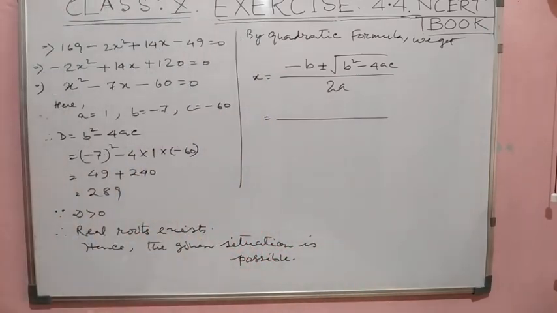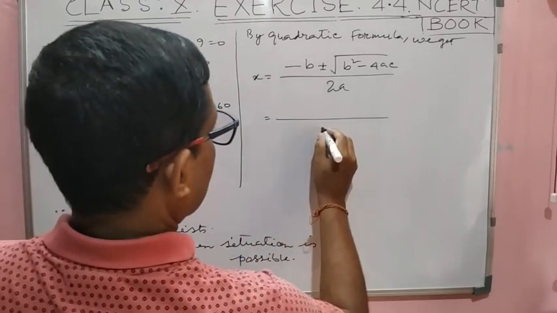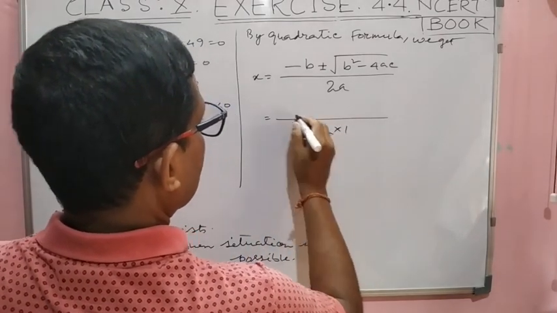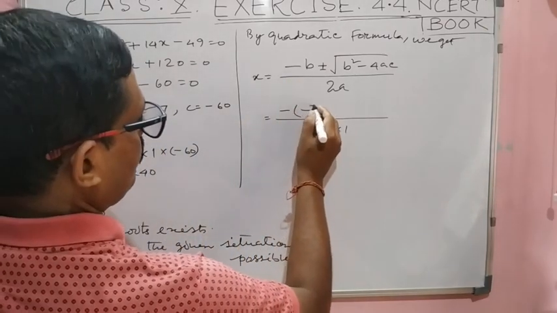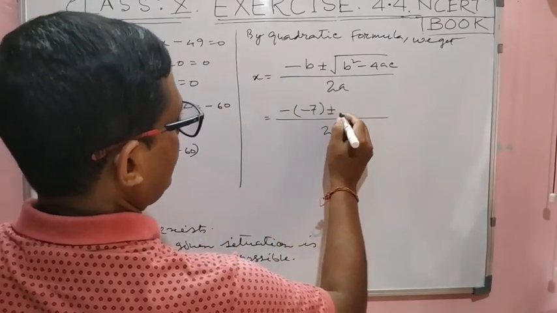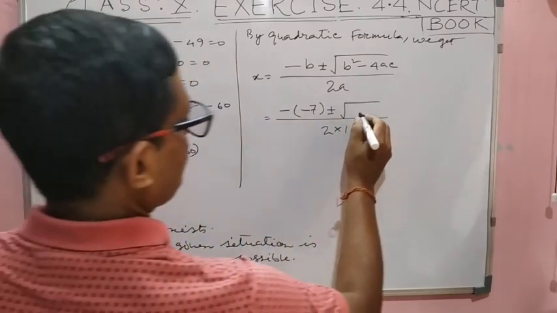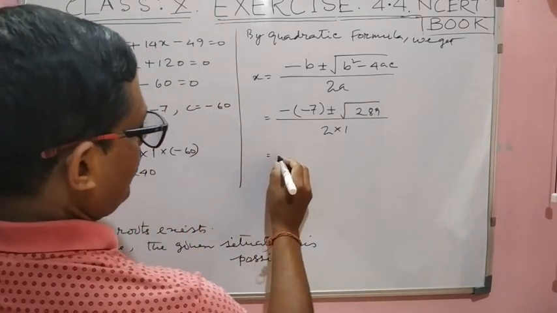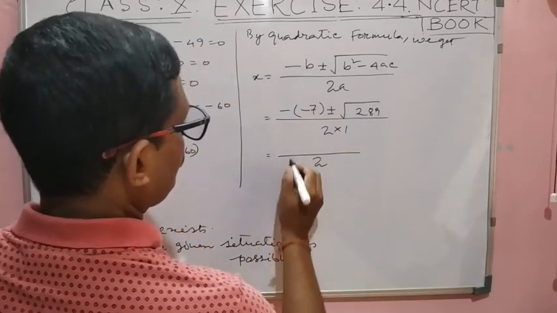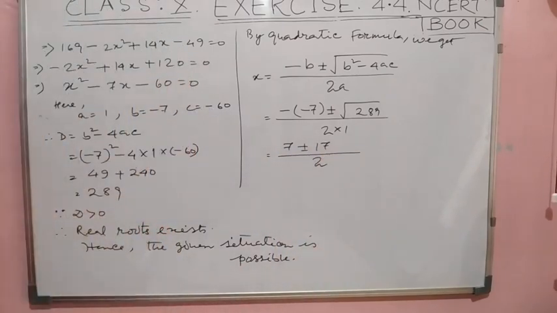So here a means 1, so I can write this as 2 into 1. Minus b means minus 7, so it will be minus 7 plus minus root over b square minus 4ac, which means 289. This implies that it is 2, 7 plus minus 17.